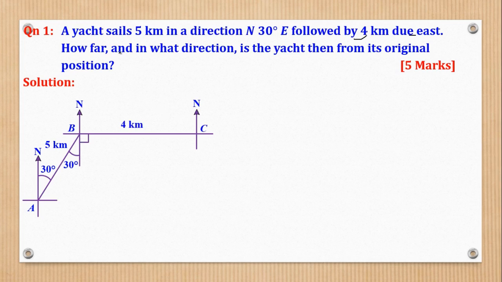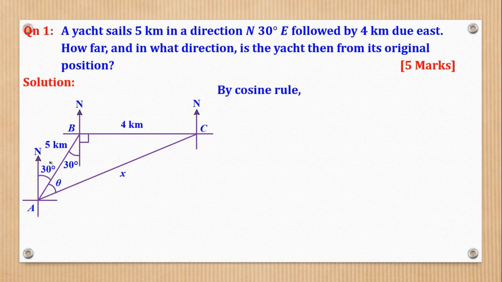Then they said how far and in what direction is the yacht from its original position. So we must draw a straight line from start to end. Use a ruler to draw these diagrams. They want this value of x, and to get the direction you have to get theta.